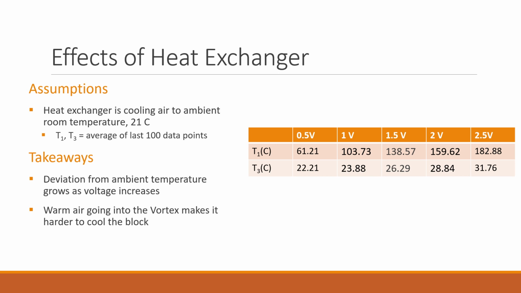And we see that T3, which is the temperature after going through the heat exchanger, continues to deviate from the ambient temperature as the voltage increases. So this shows that the warm air going into the vortex makes it harder to cool due to the deviation from ambient air temperature.